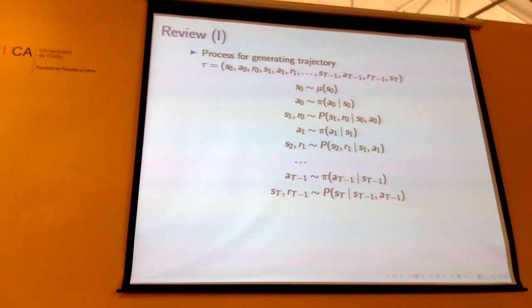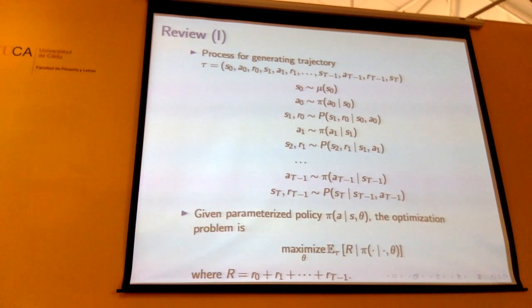And then you sample the next state and the reward using the dynamics, which is represented by P. This is a probability distribution. And then this continues until you reach a terminal state, which is s sub T here. And then the episode is done. And what we care about is maximizing the expected total reward, which will be denoted by capital R here.